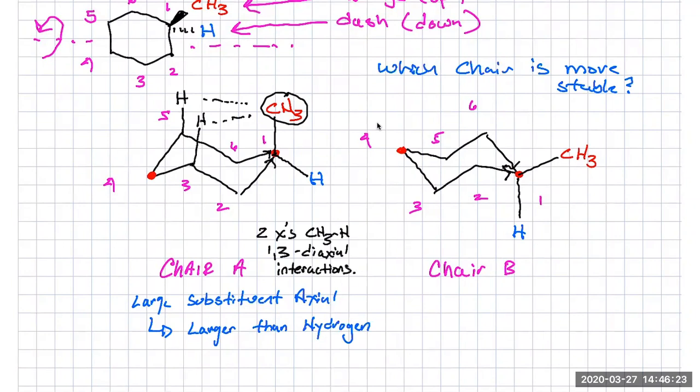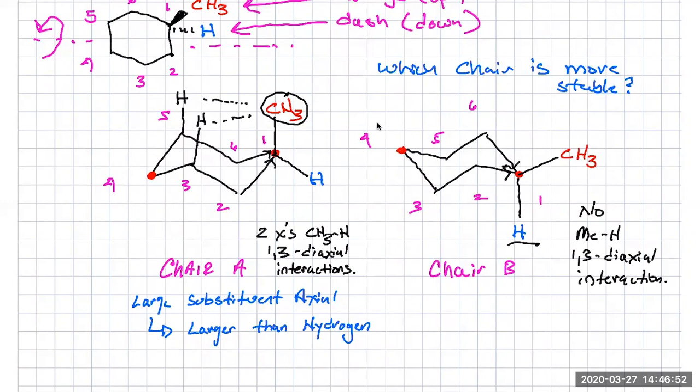Over here, it's just a hydrogen interacting with other hydrogens. The equatorial is the CH3, and so the equatorial position is where the larger groups would prefer because it minimizes the 1,3 diaxial interaction. So this has no methyl hydrogen 1,3 diaxial interaction. Okay, it's all between hydrogens.